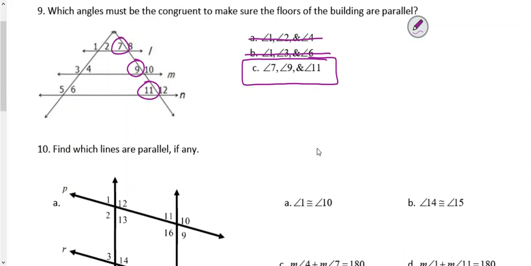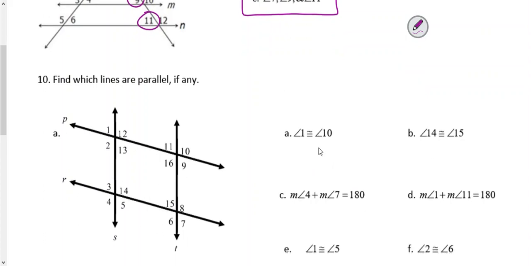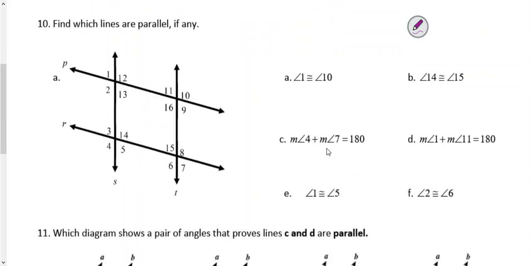Okay. Find out which lines are parallel, if any. This is the last thing we did last class, where we took our 4 highlighters, and the 4 highlighters are on the bookshelf in the classroom. So I'm going to start. I'm going to highlight each one a different color.